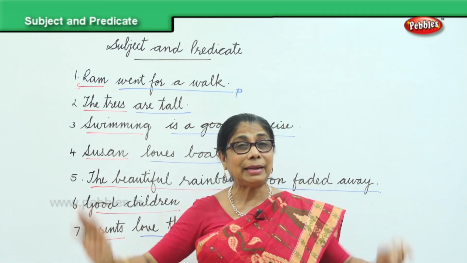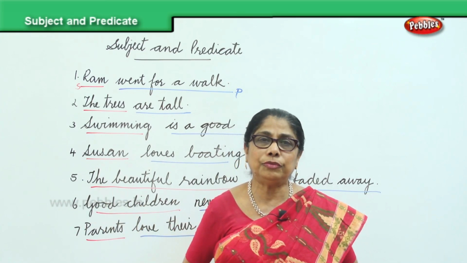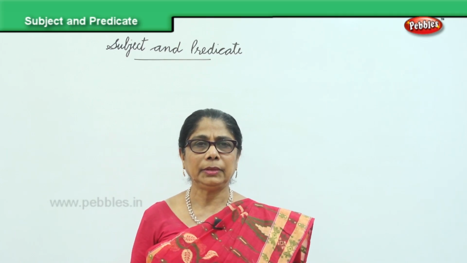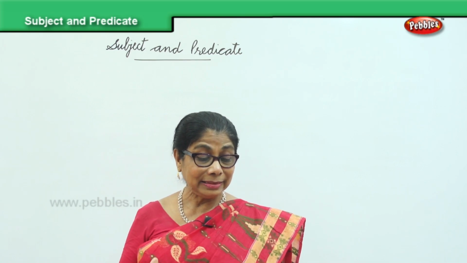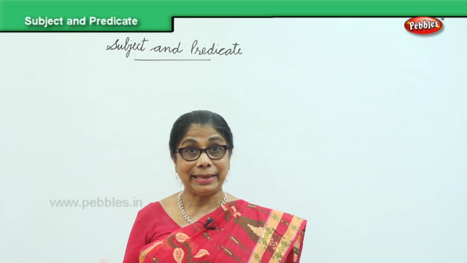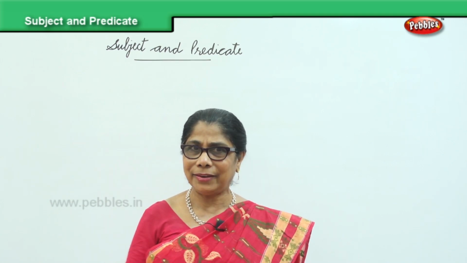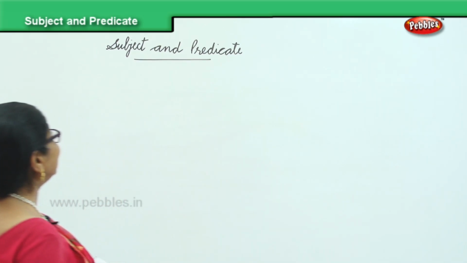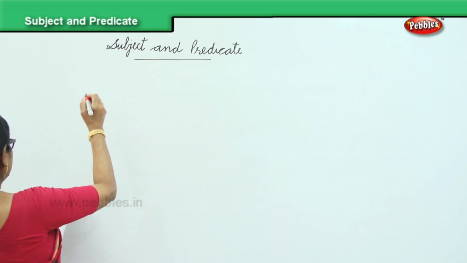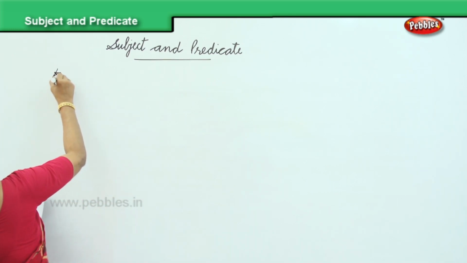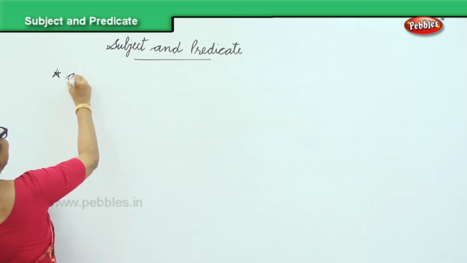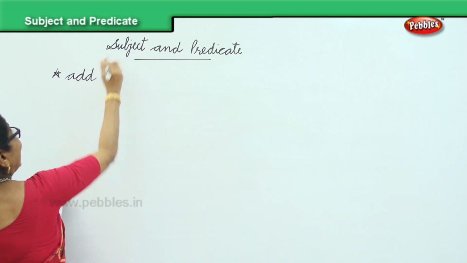Begins with the capital letter and ends with a full stop. Now I'm going to give you the predicate this time, and you need to add subjects. We do the reverse. Okay? By that time, you will understand what I'm trying to say.